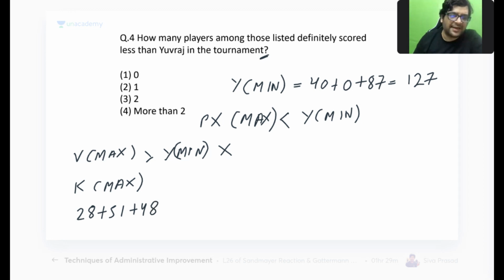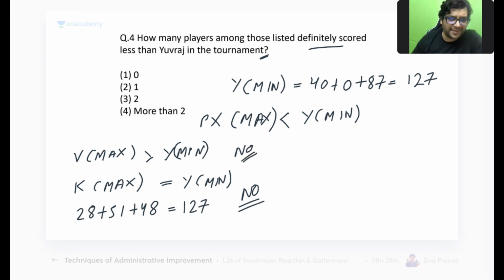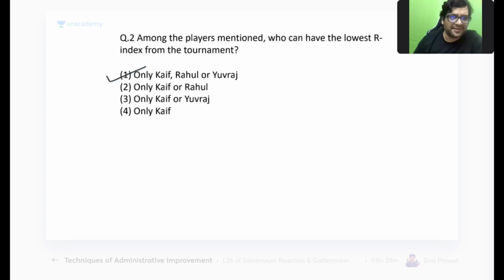How much is this? 99 plus 28. This is exactly 127, which is a problem, because if this is exactly 127, then there can be a case that this is equal to Yuvraj minimum. So did he definitely score less than Yuvraj? No. Are you guys getting my point? Since he scored 127, so these two are definite no's. Let's check the others.